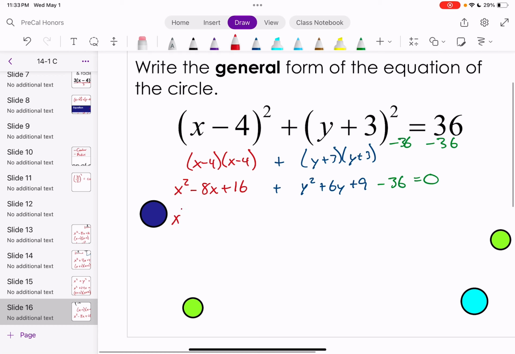We have x squared plus y squared minus 8x plus 6y. Now, we have 16 plus 9 is 25. 25 minus 36 is a negative 11. And that is going to equal 0.